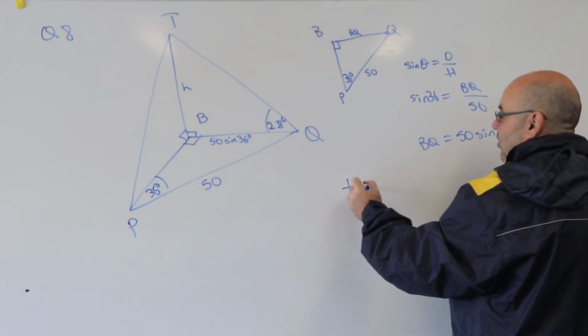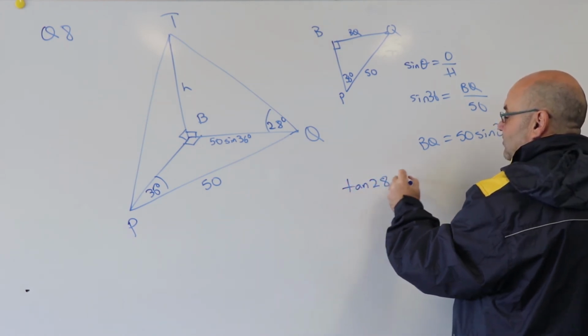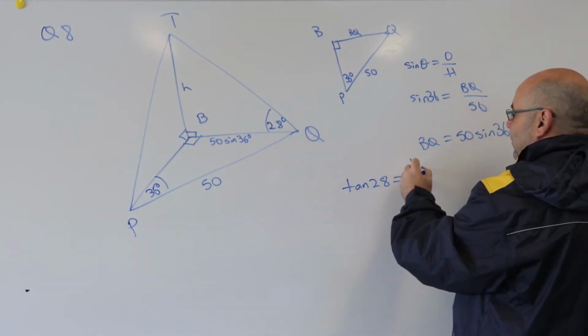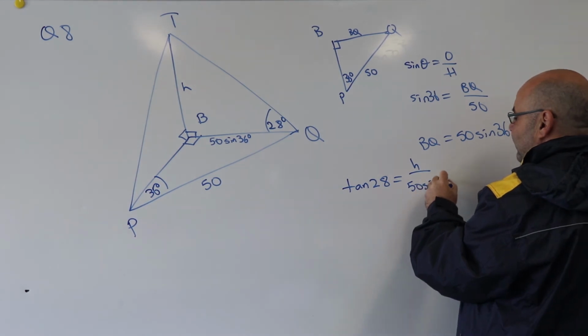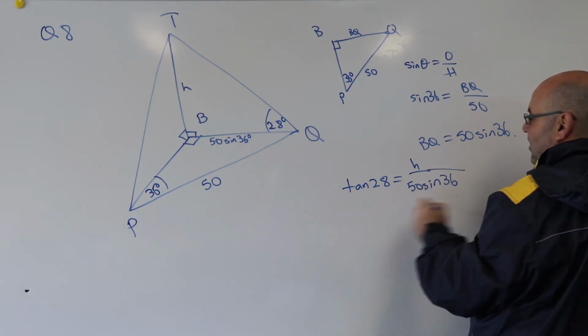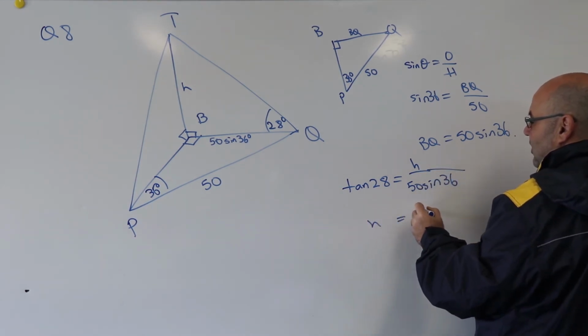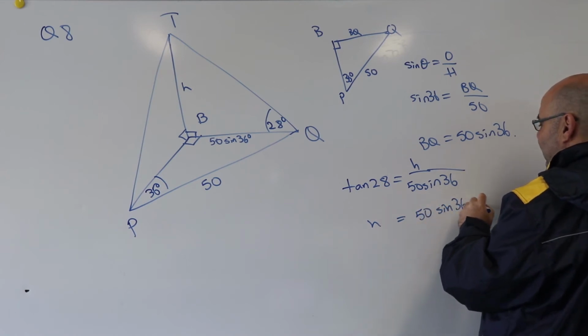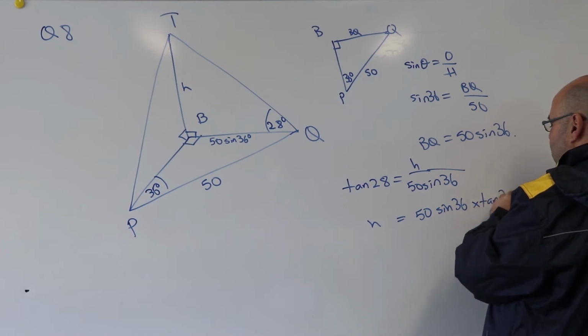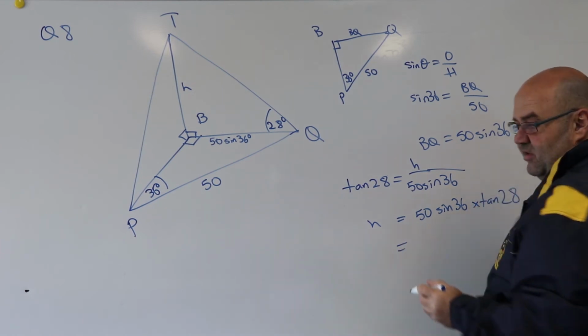The tan of 28 degrees is my opposite side, h, over my adjacent side, 50 sine 36. So h is going to equal 50 sine 36 times tan 28. Now I want that to the nearest metre.